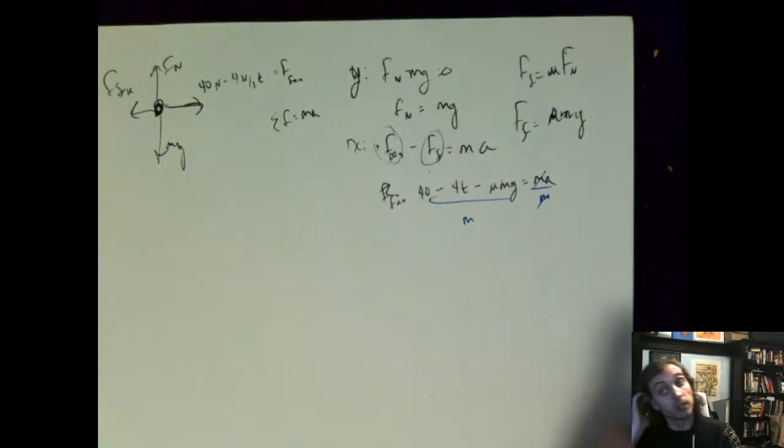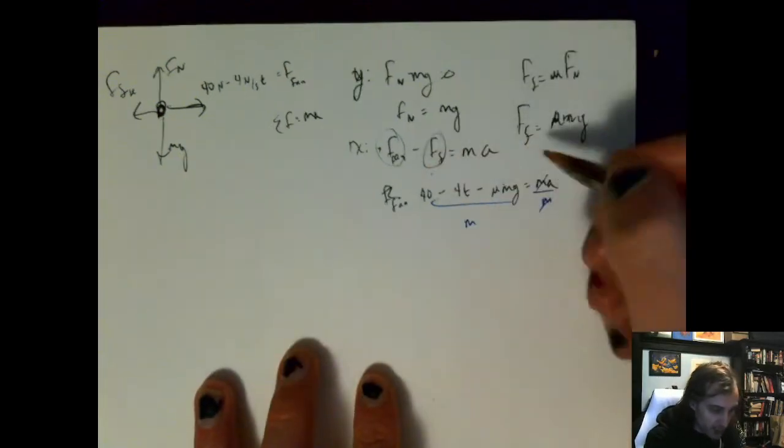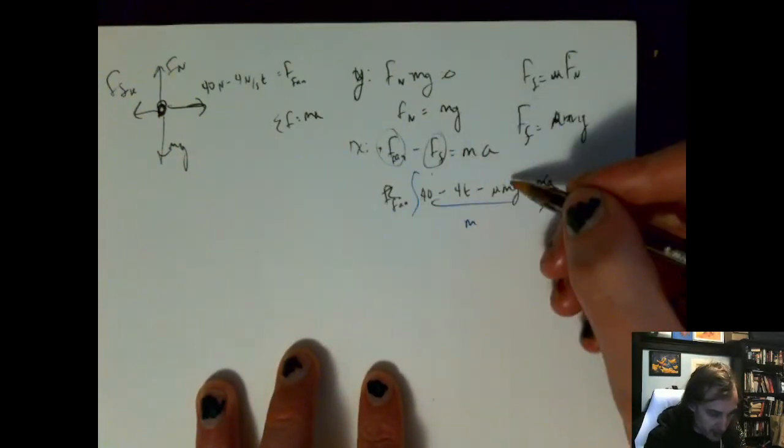The problem is we don't want an equation for acceleration, we want an equation for distance. So we need to integrate. And not too bad, because all we have to do is integrate with respect to time.